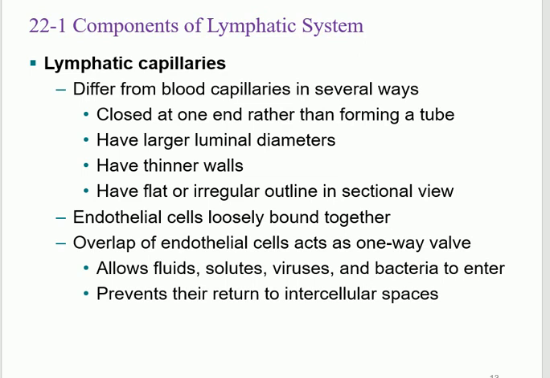The overlap makes a one-way valve so that when the interstitial fluid goes into the capillaries, it doesn't go back. The pressure there is very low, so it's very easy to go back, right? And what if it goes back and stays? What is this condition?